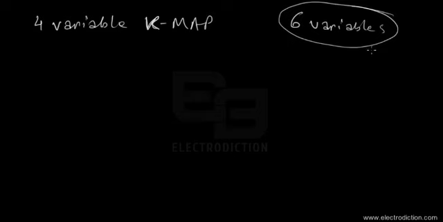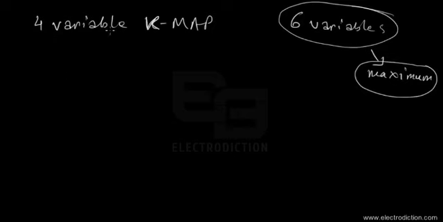That's the maximum limit of variables. Expressions that include up to this number of variables can be reduced using a K-map. So we can reduce an expression of a maximum of 6 variables using a K-map. Okay, coming back to the 4-variable K-map representation.